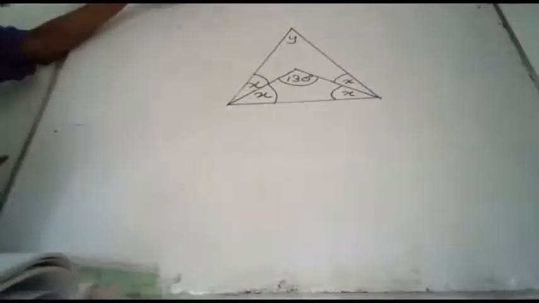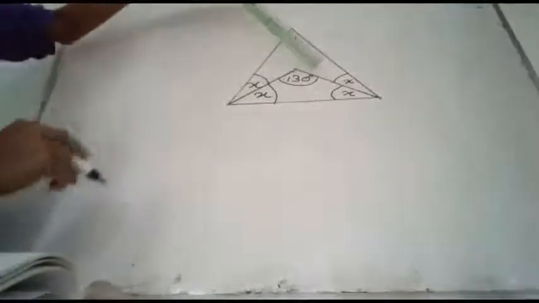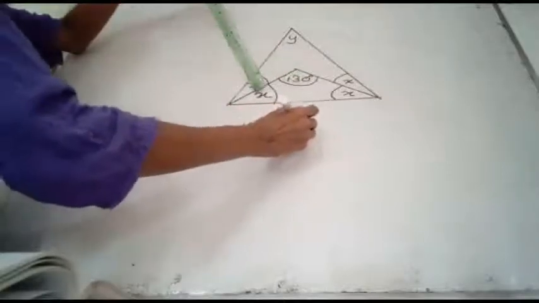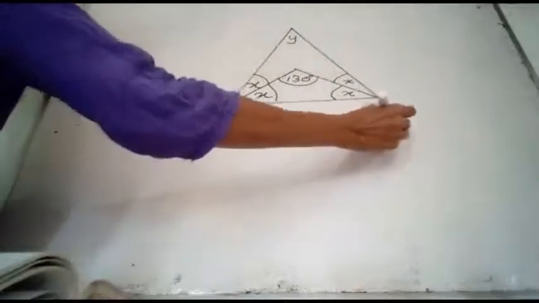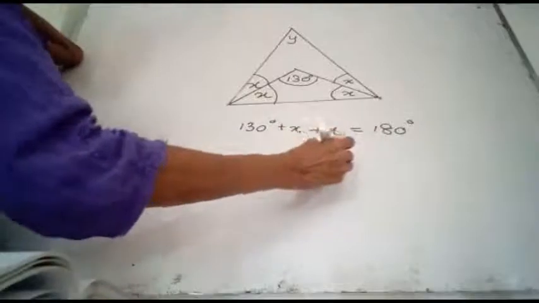Now, this is a triangle. 130 degrees plus 2x is equal to 180. x plus x, 2x.